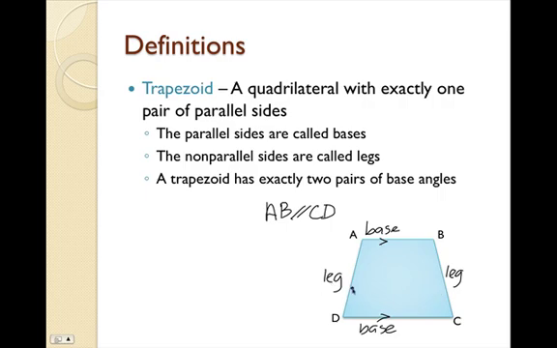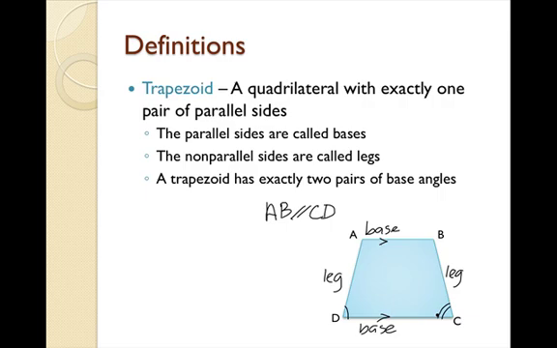And then lastly, a trapezoid has exactly two pairs of base angles. What we mean by this are the angles that are on the base. So angle D and angle C are base angles, and they're not necessarily congruent to each other. That's why I marked it with one line here and two lines over here, to show that they're not necessarily congruent to each other.